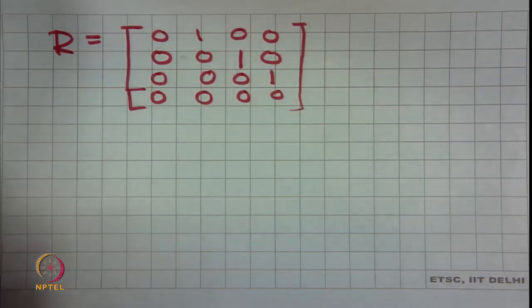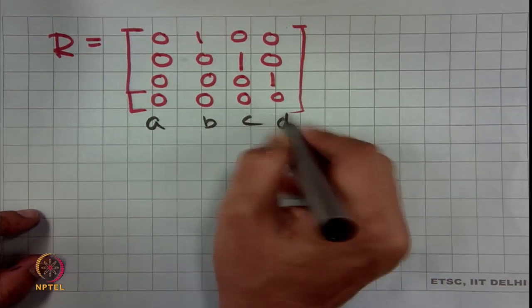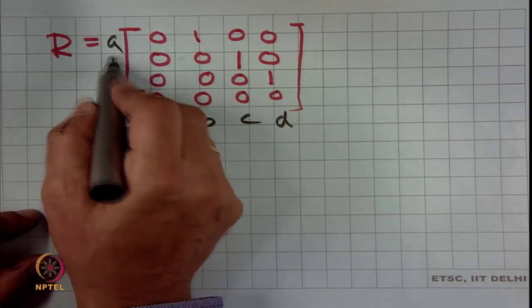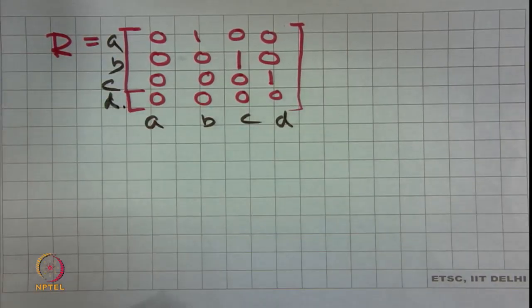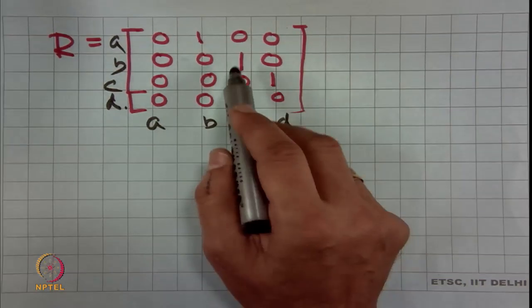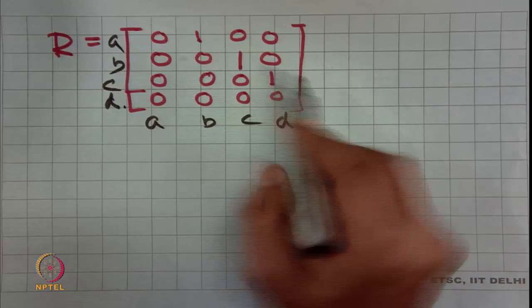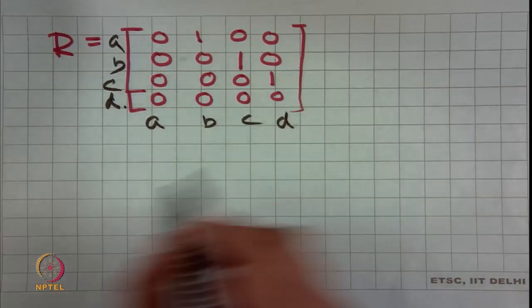This corresponds to rows and columns A, B, C and D. This shows that there is an edge from A to B, an edge from B to C and an edge from C to D.